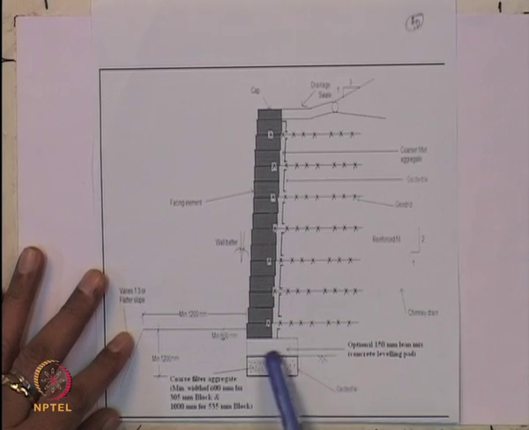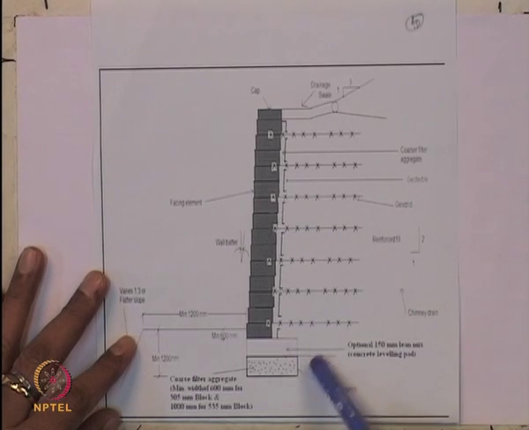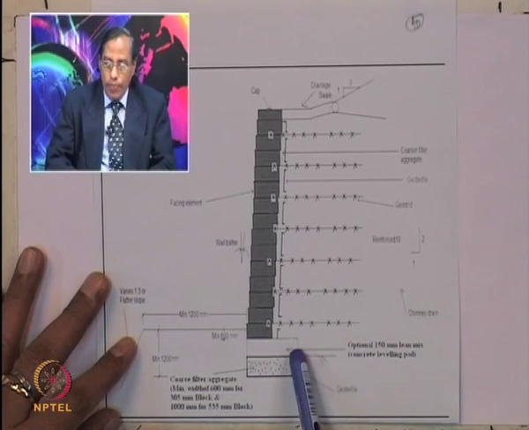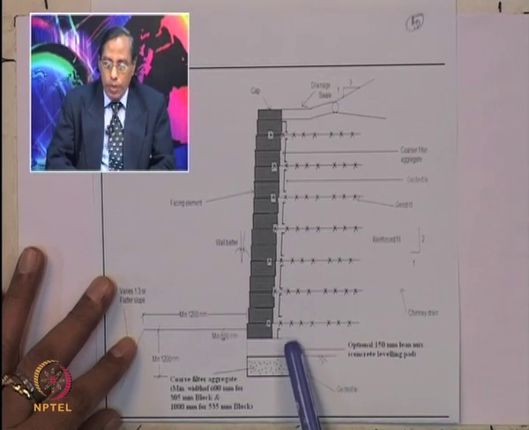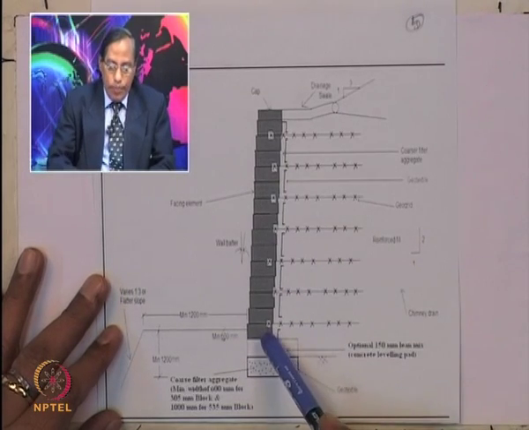Here is the coarse filter aggregate, minimum about 600 millimeter for a 300 millimeter block, and also 1000 millimeter for a 535 millimeter block, and this is wrapped with geotextile material. This is optional, that is 150 millimeter lean mix or concrete leveling pad, and this is the facing element.